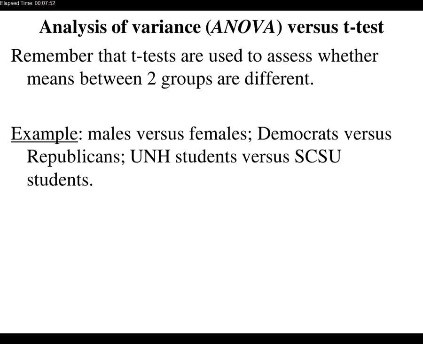Let's say that we want to measure the males who voted for President Obama versus the females who voted for President Obama. And is the mean of those groups different? Okay, Democrats versus Republicans, UNH students versus Southern Connecticut State University students.